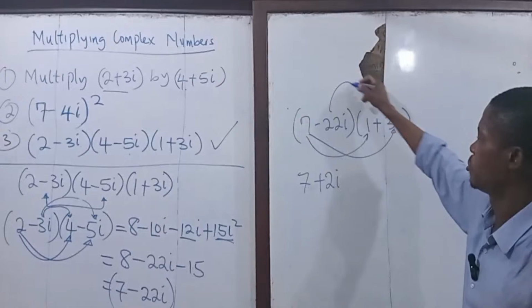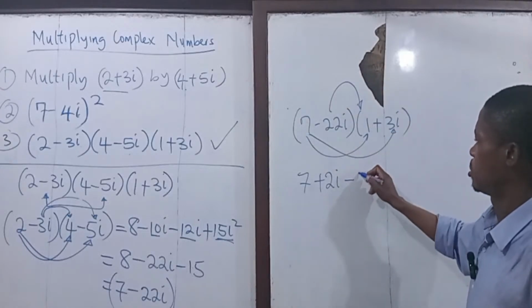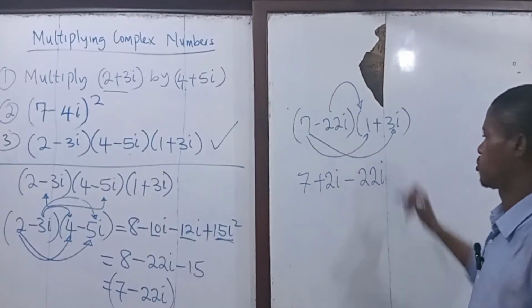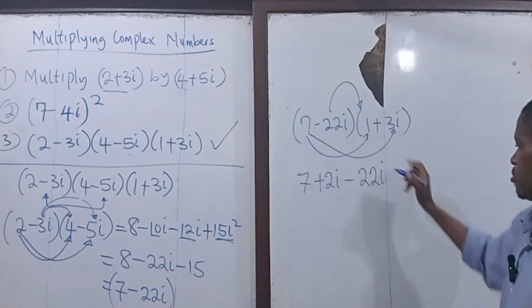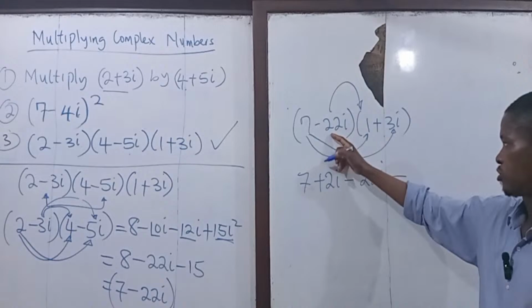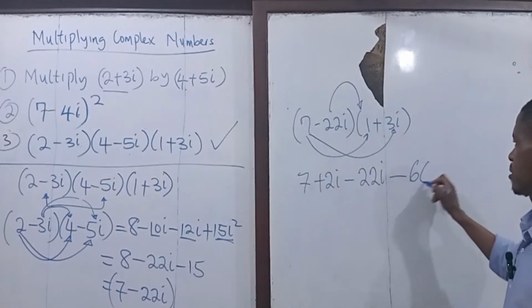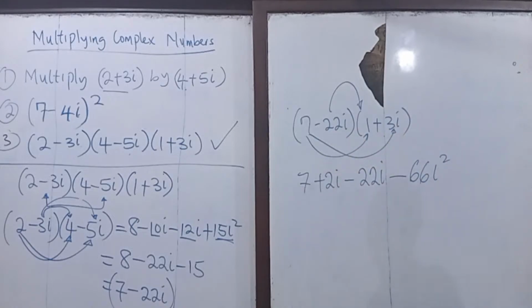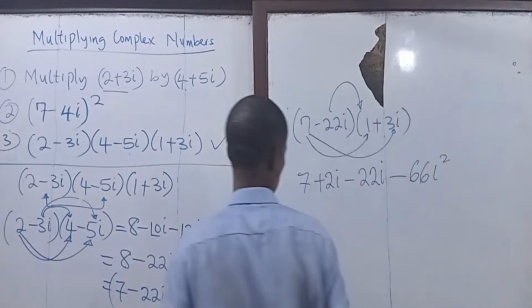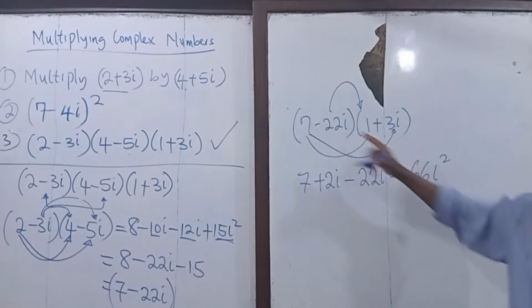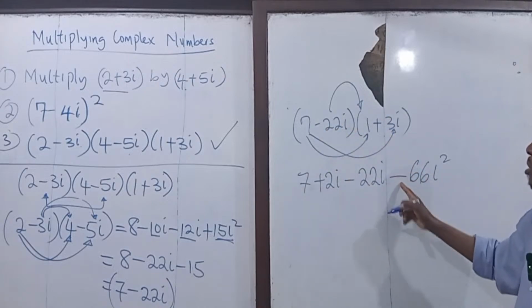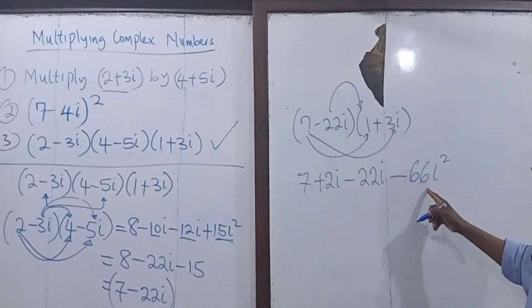And then 22 times 1 minus 22 times 1, that's 22 minus 22i. And then minus times the plus, that's minus 22 times the 3, that's 66i squared. Okay, and that will be equal to, yes, minus times plus, that's minus 22 times 3, that's 66i squared.